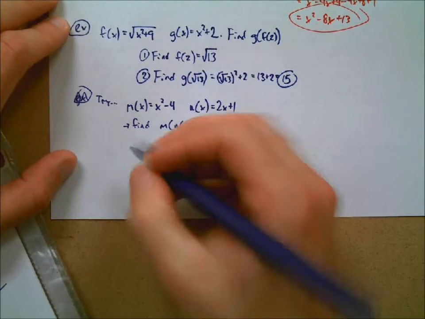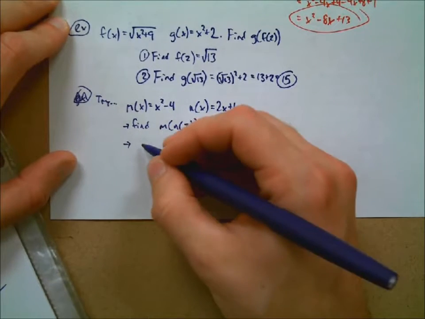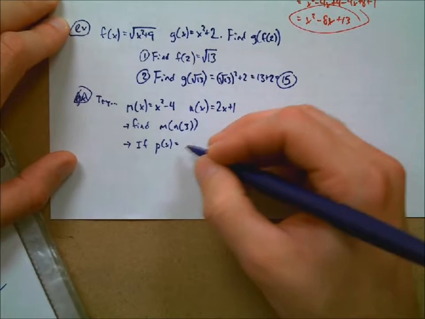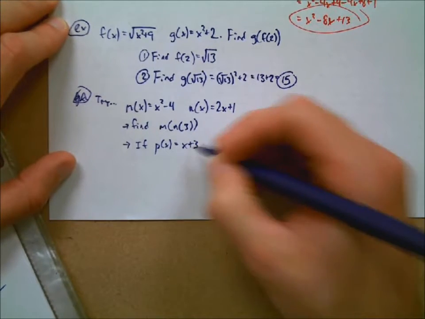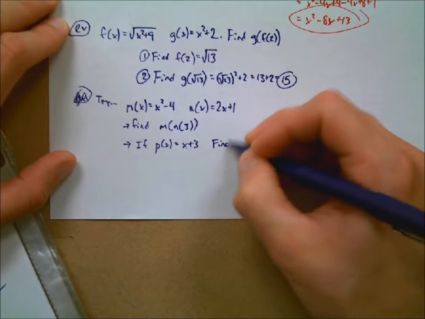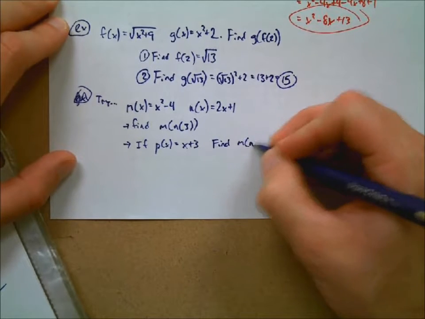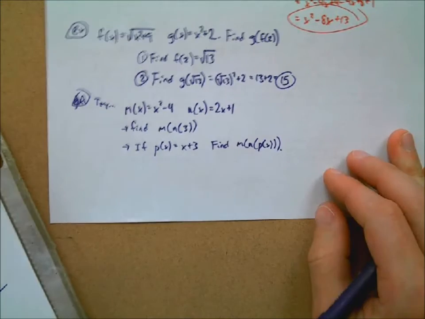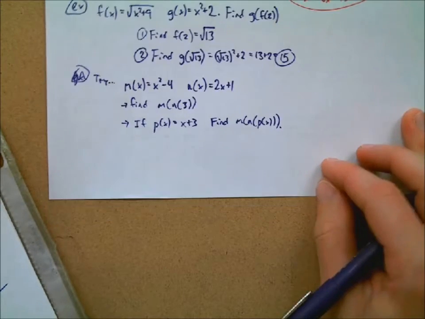And then second, if p of x is equal to x plus 3, I want you to find m of n of p of x. That's it. Those two questions.